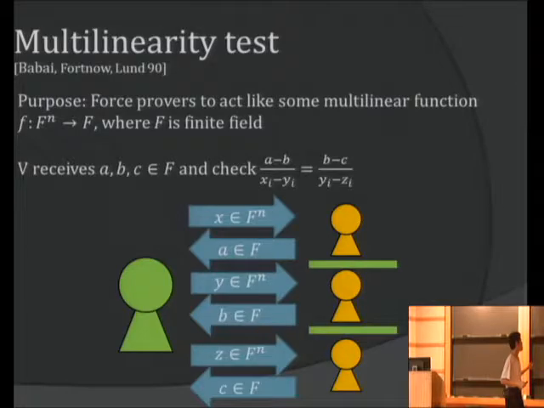After receiving the answers, the verifier just checks they are indeed on the same line, because by definition of multilinear function, if we fix all but one variable, we get a linear function, I mean affine function, or polynomial of degree at most 1. So we can check it.